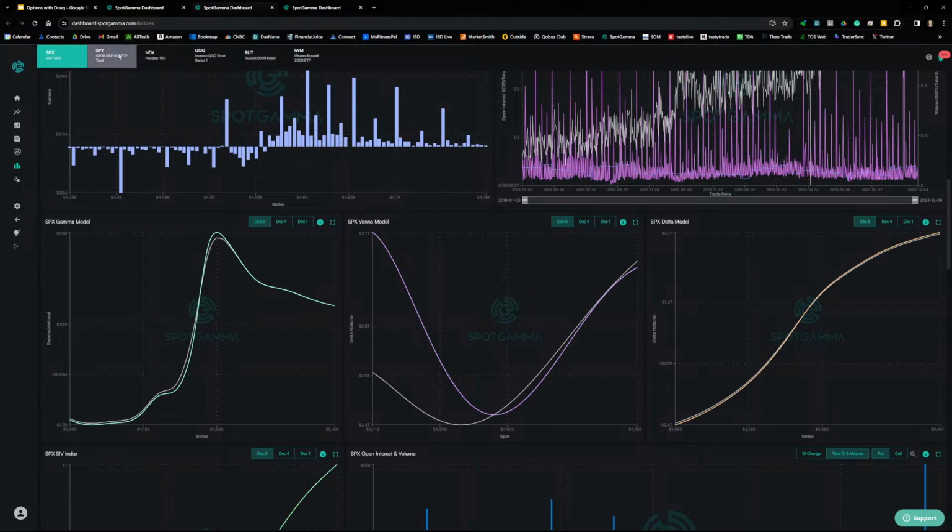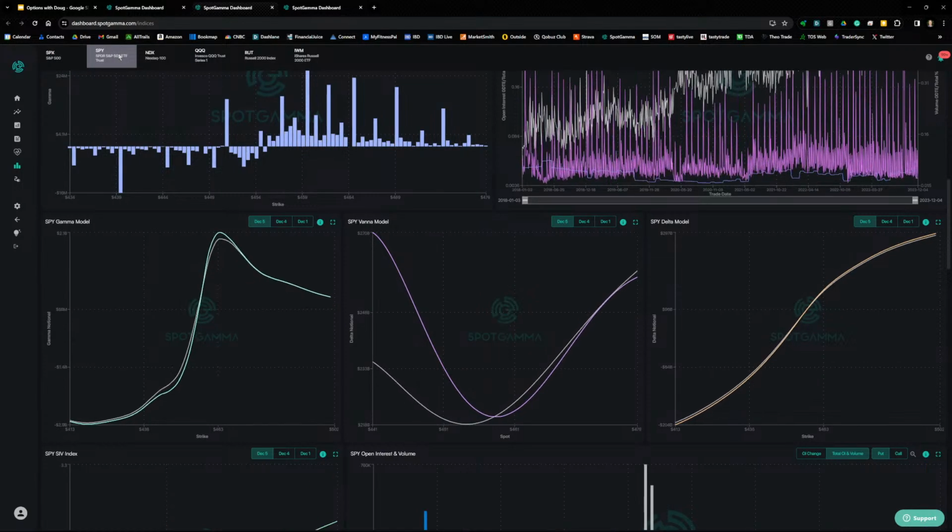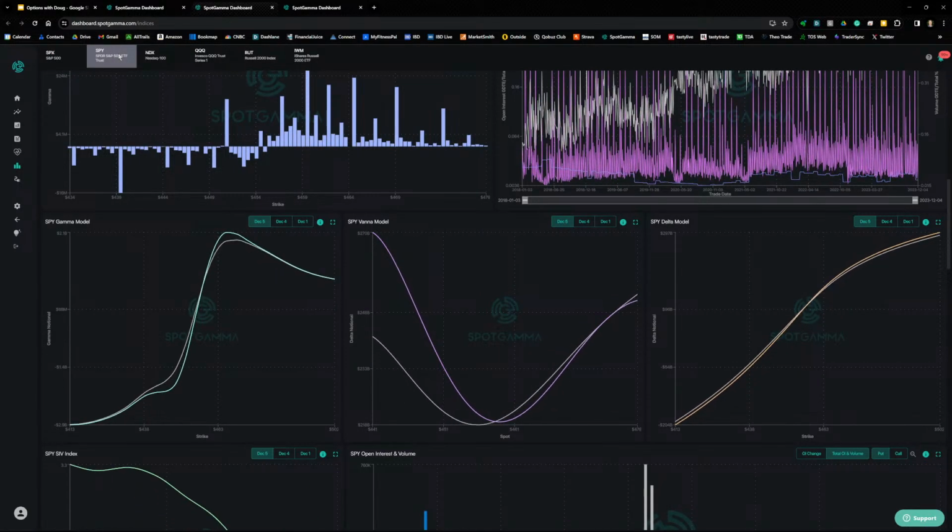Let's check SPY. SPY currently trading right around 456. Also close to the bottom of the curve. So this is showing again, if price decreases, implied volatility increases, market makers will need to sell futures to hedge their delta exposure.